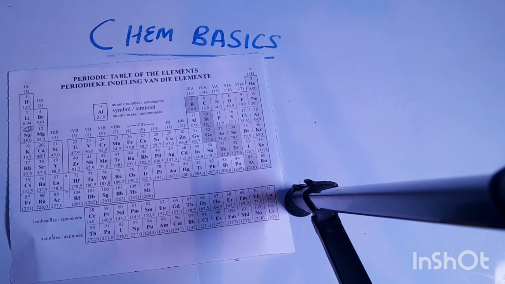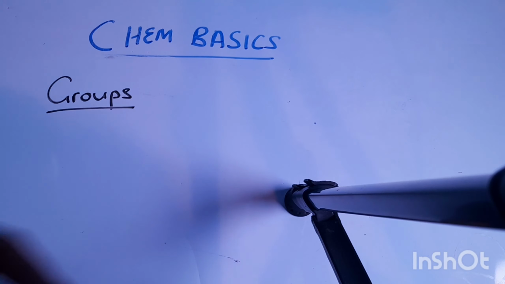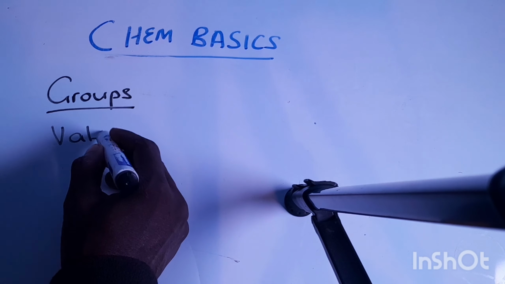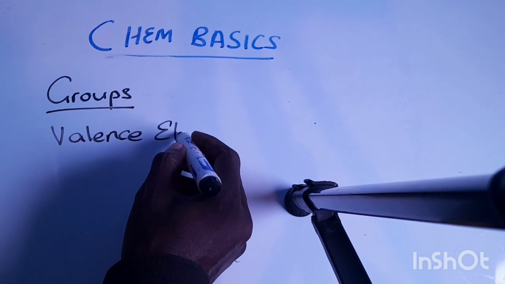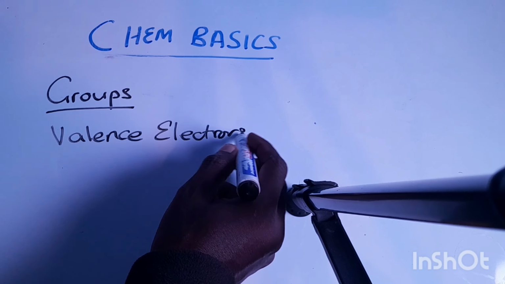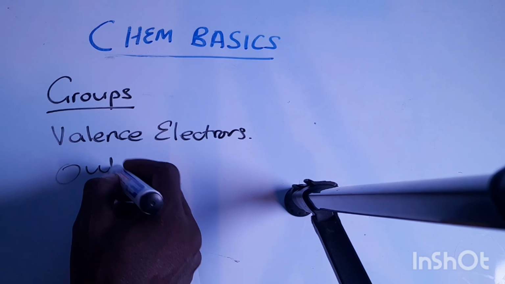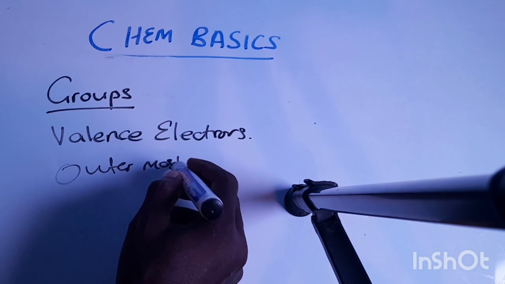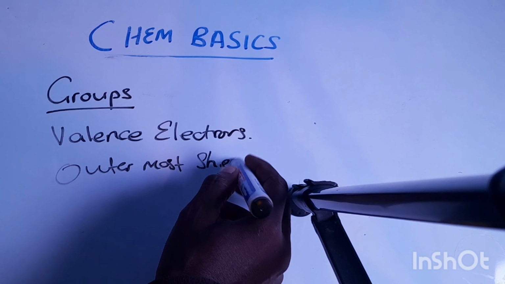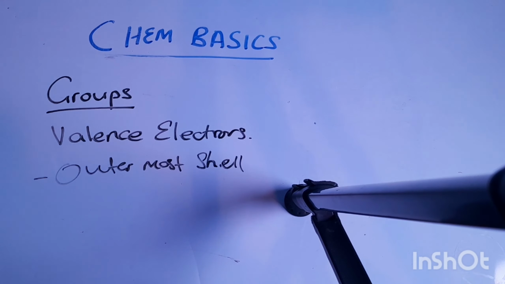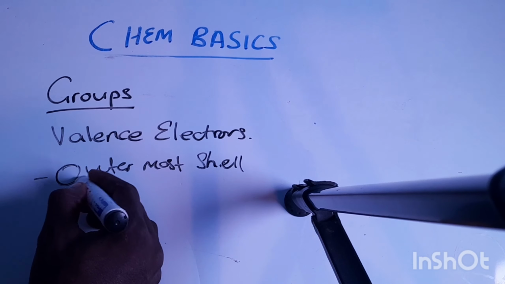Groups give us something called the valency electrons. So what are the valency electrons? These are electrons in the outermost shell of an atom.